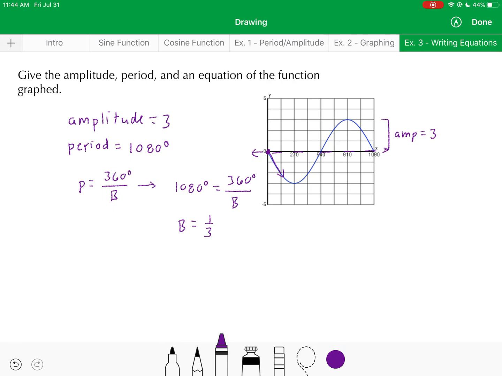That tells me my a value needs to be negative, okay? And putting it all together, I'm going to say that y equals -3 for my a value, negative because the curve starts off decreasing, and then 3 because of the amplitude being 3, times the sine of 1/3 x, or x over 3. And that's based off the b value.